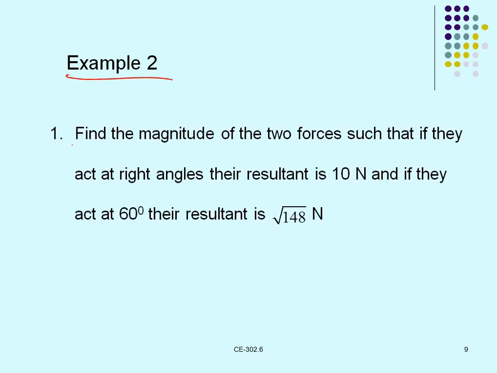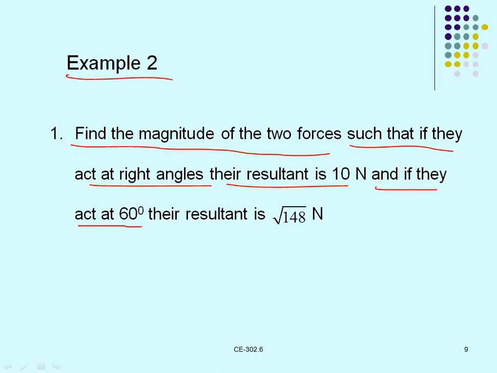Let us see another example, example 2. Find the magnitude of the two forces such that if they act at right angles, their resultant is 10 newtons, and if they act at 60 degrees, their resultant is root 148 newtons.